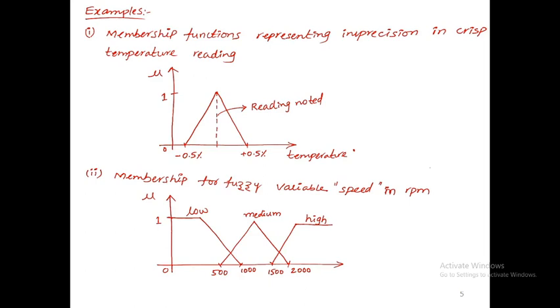For example, let us take 20 degrees centigrade as the accurate temperature reading. If it is 18, correspondingly 18 will have some other membership value. Corresponding to that, you will get the deviation in the temperature, that may be 0.4 percentage.